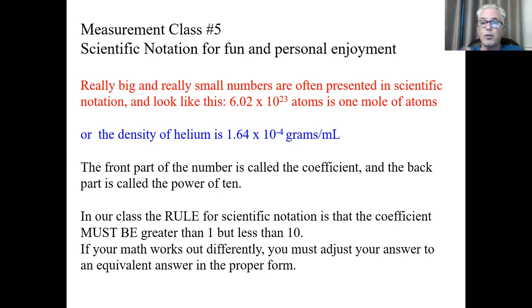And sometimes the math works out that you might have a 0.164 times 10 to the negative third, you have to adjust it. Or if you have 60.2 times 10 to the 22nd, you have to adjust it because the coefficient must always be greater than 1 but less than 10.